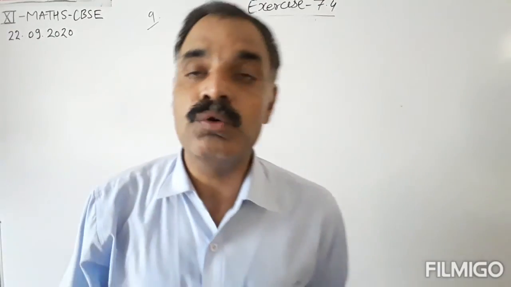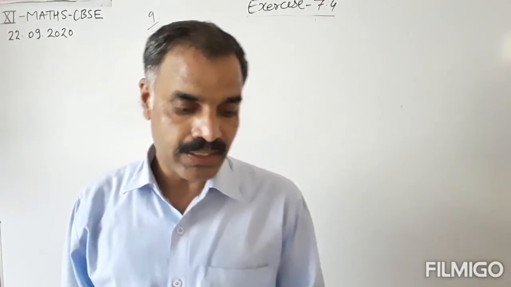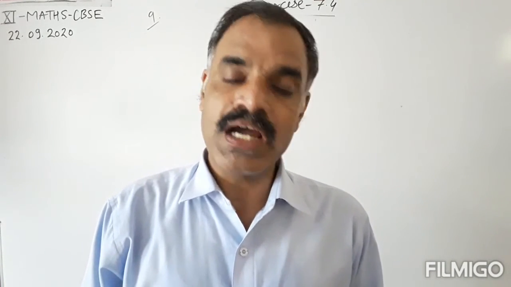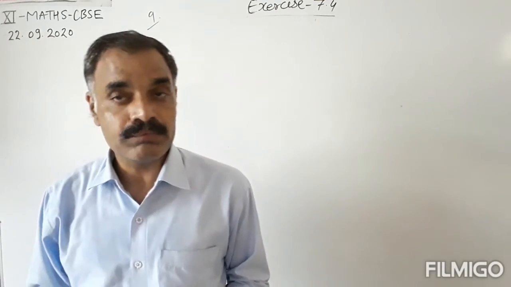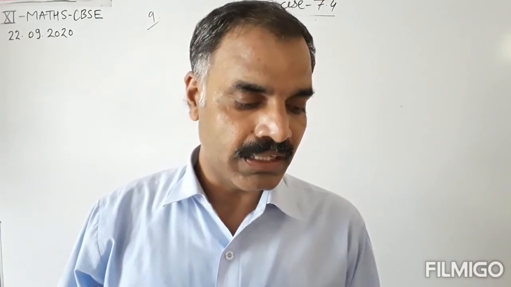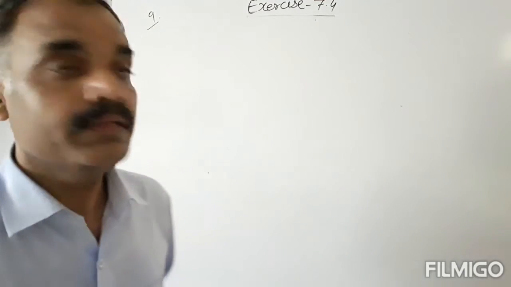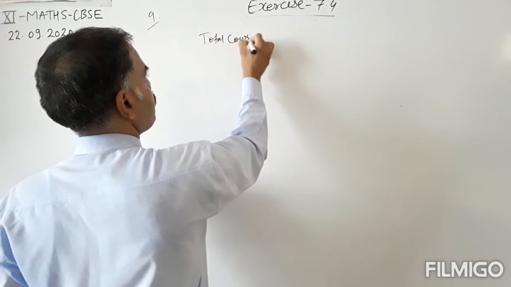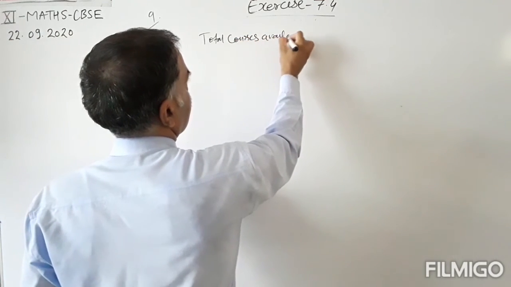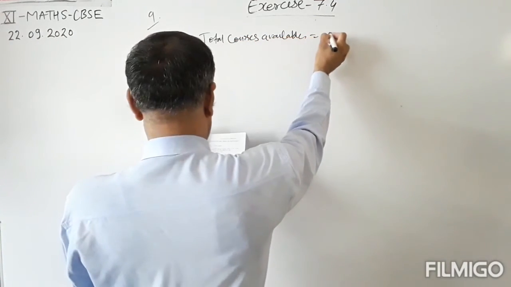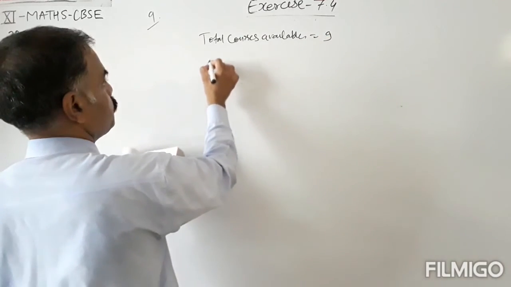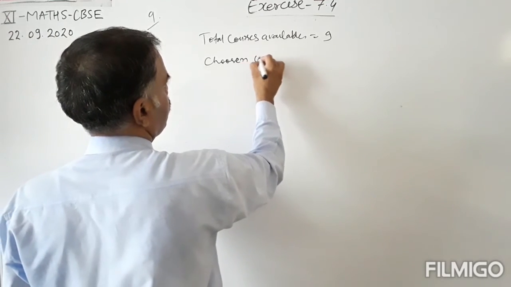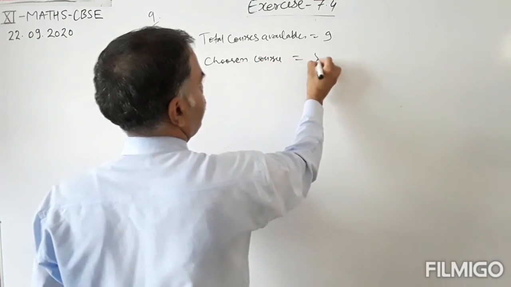In how many ways can a student choose a program of 5 courses if 9 courses are available? Means total courses available, that is 9, and chosen courses, that is 5 courses.